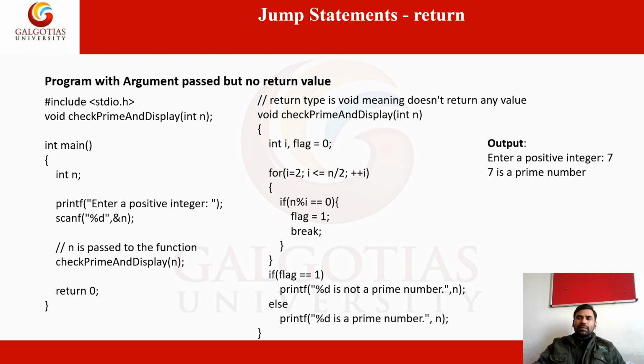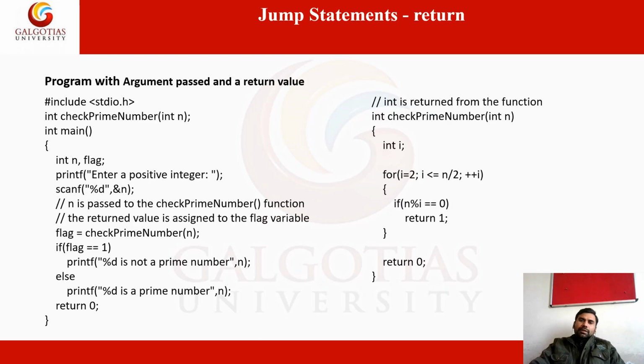We supply an integer number and check whether it is prime using this formula. Given the input 7, it is a prime number, divisible only by 7 itself. So it is a prime number. Next, the argument passed and the return value.